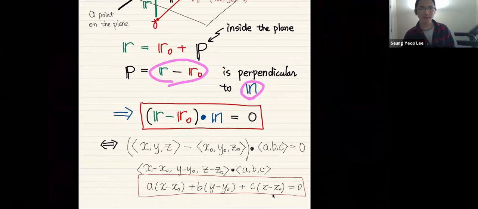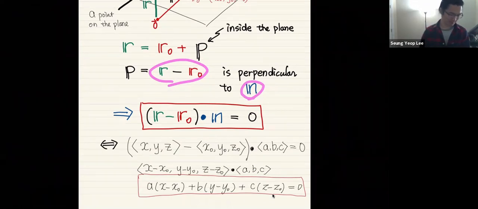Let me give a quick answer. Because a line can be obtained in 3 dimensions by the intersection of two planes. If I have one plane and another plane, then they intersect on a line. One plane gives one equation, another plane gives another equation. So two equations determine a line.